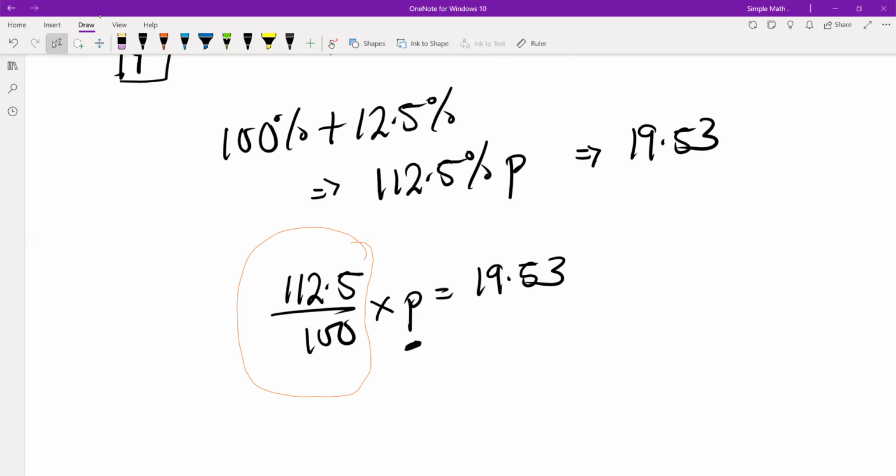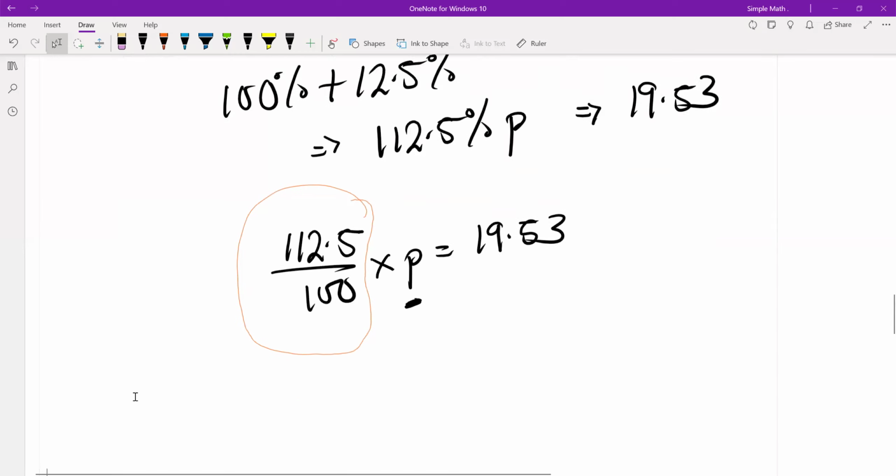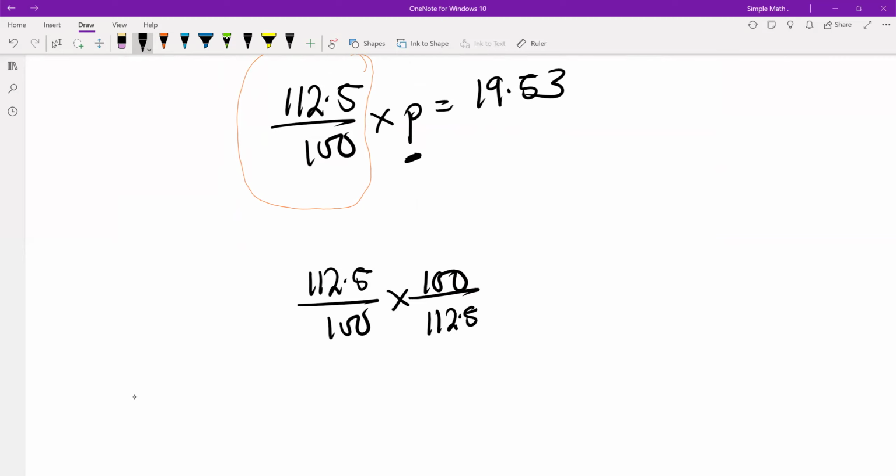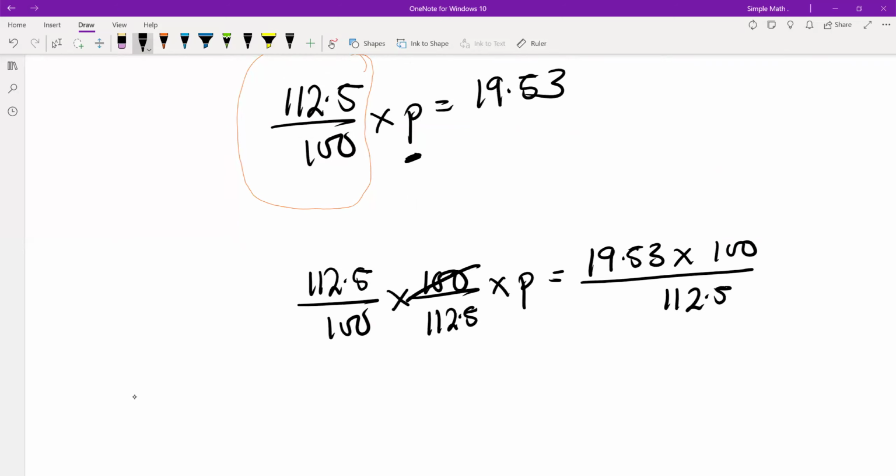This becomes 112.5 over 100 times 100 over 112.5 times P equals 19.53 times 100 over 112.5. Now this 100 cancels, this cancels. 19.53 times 100 over 112.5, this is something you just do on your calculator, and the answer should be 17.36. So 17 pounds, 36p.